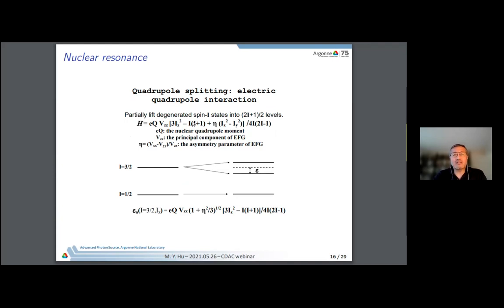Again, you see this nice separation between internal properties like the spin and charge, versus the external, which is V, the electric field gradient at the nucleus, basically at one point. It's a tensor, so there's a principal axis, principal component, as well as the asymmetry parameter, this eta.